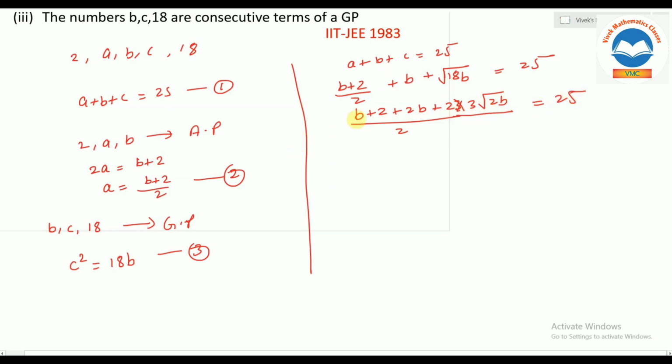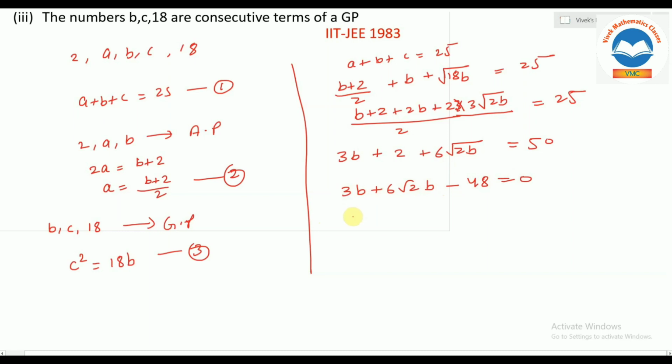So 2B plus B will be 3B plus 2 plus 6 root 2B, and this will be equal to 50, 25 into 2. So what we are getting? 3B plus 6 root 2B minus 48 will be 0.